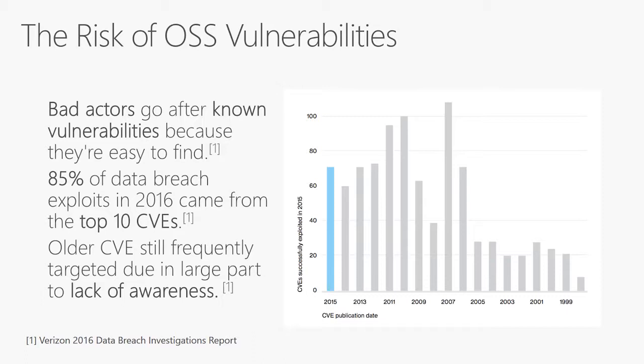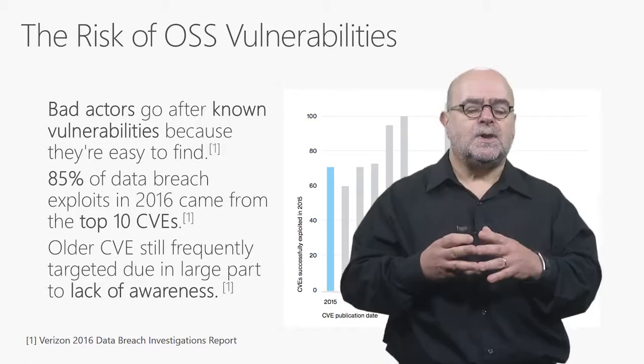First, if you're using open source software, you're not only getting great power from reuse of those capabilities, but you're also reusing vulnerabilities. And indeed, according to Verizon's Data Breach Intelligence Report, 85% of the major data breaches they investigated came from known vulnerabilities, the common vulnerability enumerations in the national database.